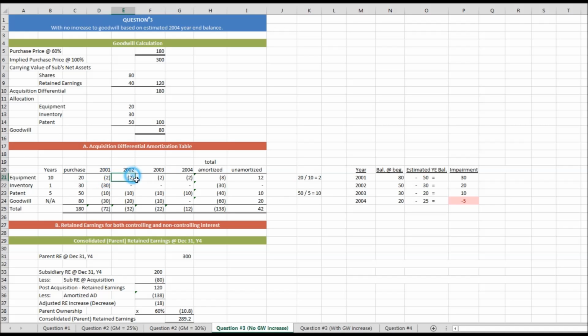So in 2001, 2, 3, and 4, we got $2, adding up to 8, and then we've got total amortization at the end of year 2004 of $8. And if we want to figure out the unamortized amount, we simply subtract that $8 from the fair value excess when we purchased it. That'll give us an unamortized fair value excess of our equipment of $12 right here.